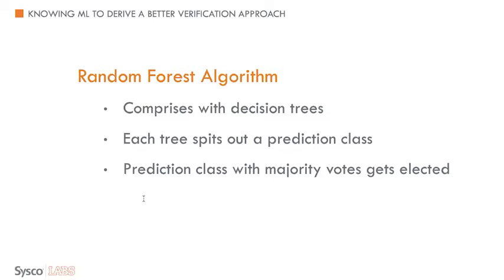Now each decision tree, I'm pretty sure that you all know what a decision tree is, right? Each decision tree spits out a prediction class. In simple words, you have a decision tree, and when you process that, you get a particular prediction output, or rather, in simple terms, the output. So when you have multiple decision trees, you get multiple outputs.